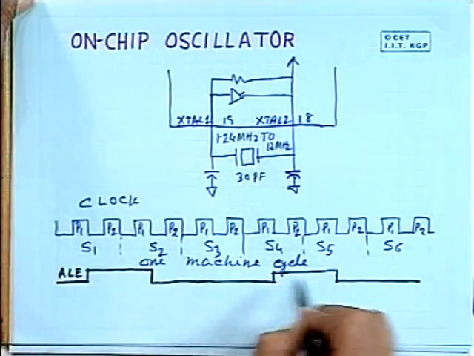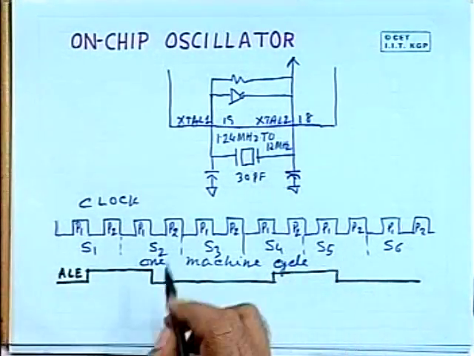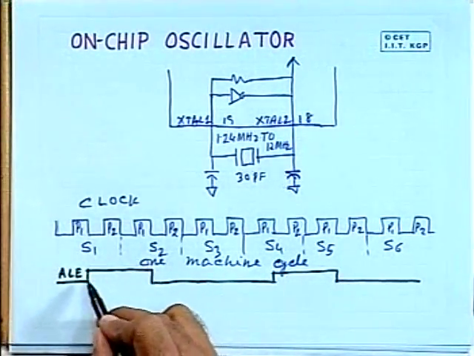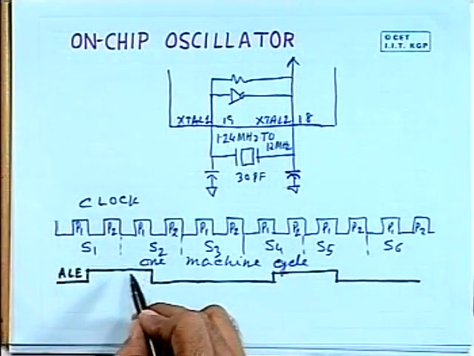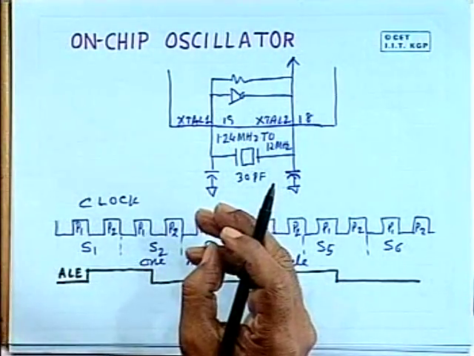The purpose of these two ALEs is, this particular address latch enable is used to fetch the instruction from the memory, and if in that instruction another additional memory reference is required, you have to fetch another byte of data, then this ALE is used.